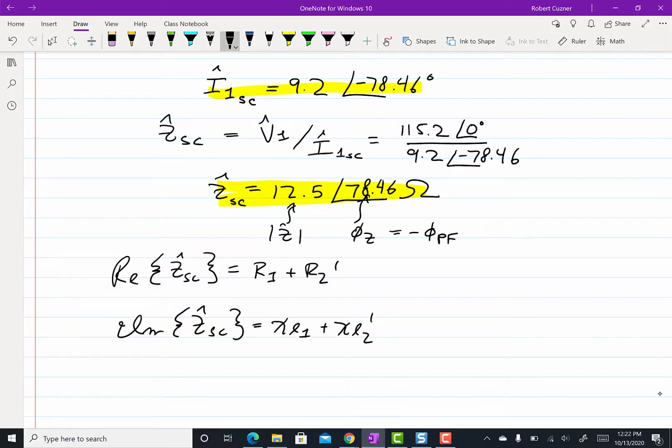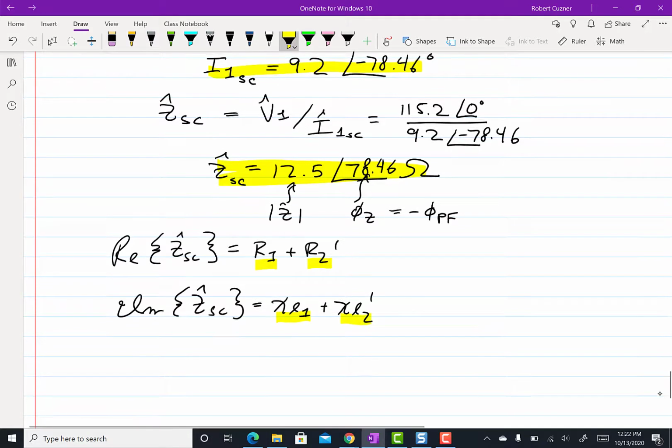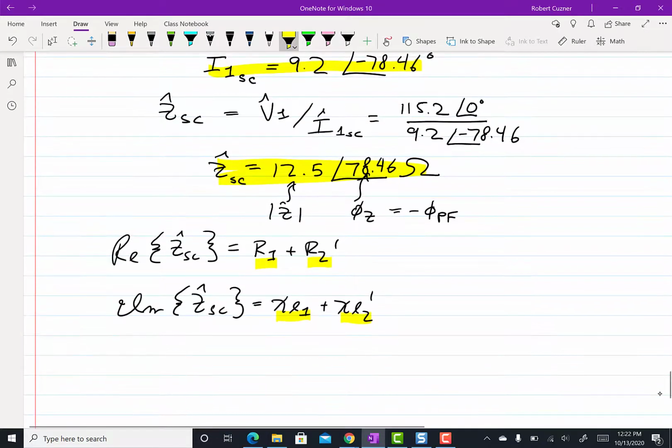Now what we need to understand from here is how do we find the individual values of R1, R2 prime, XL1, and XL2 prime?